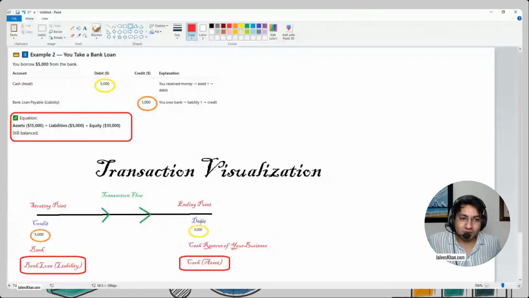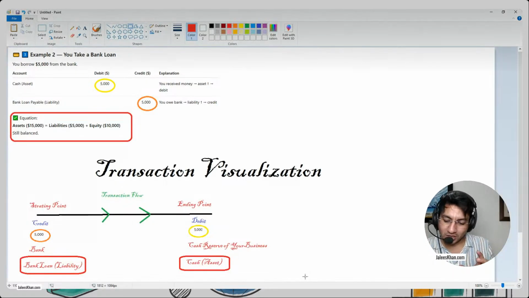So transaction flow, transaction visualization, is helping me to define when we have to put the amount in the credit column and when in the debit column. So credit and debit is just the transaction flow.